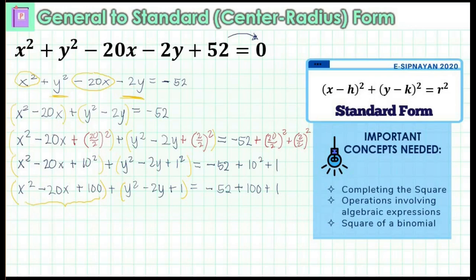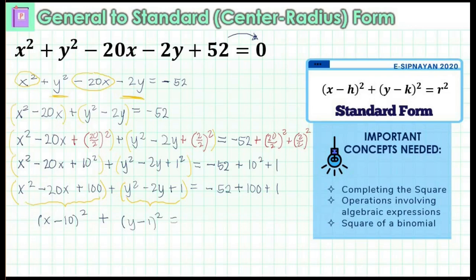Let's factor x squared minus 20x plus 100. The factors will now be quantity x minus 10 squared. Plus, we can also factor the y's, which is y squared minus 2y plus 1. And the factored form will be written as quantity y minus 1 squared.